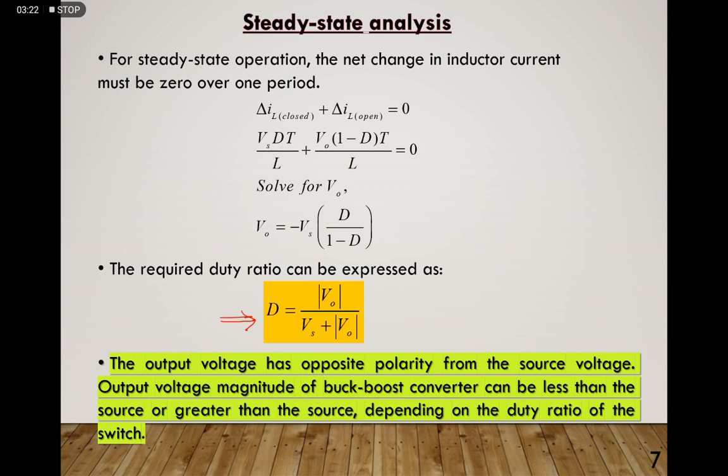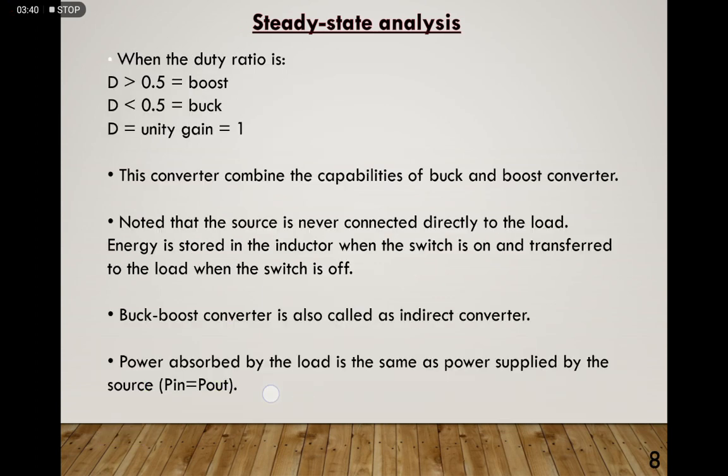The output voltage magnitude for the buck boost converter can be less or greater than the source, or the input. It depends on the value of the duty ratio for the switch. If you calculate the duty cycle and get greater than 0.5, your buck boost converter will act similar to a boost converter.